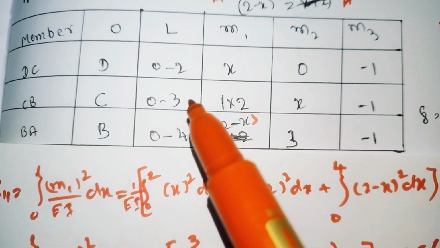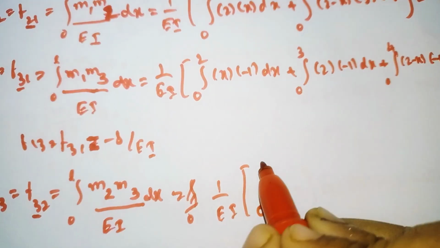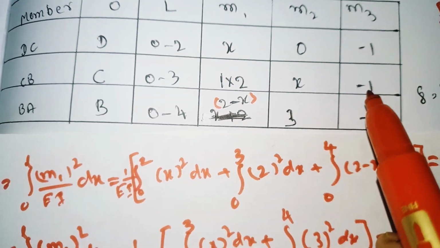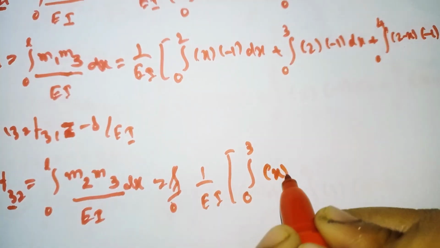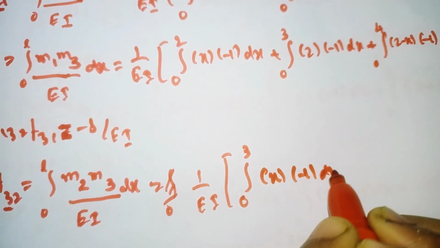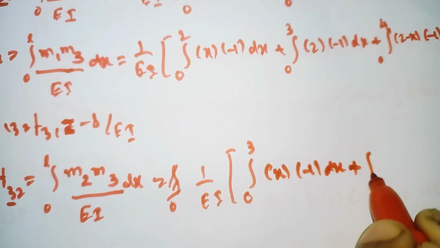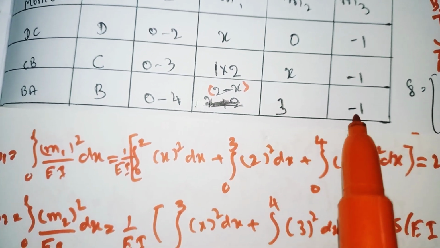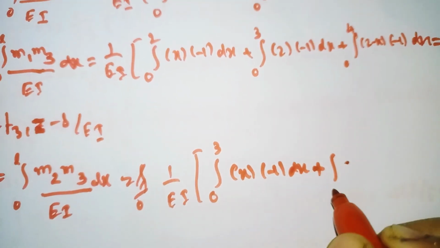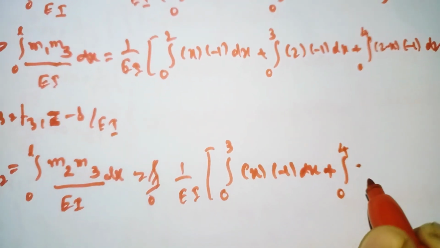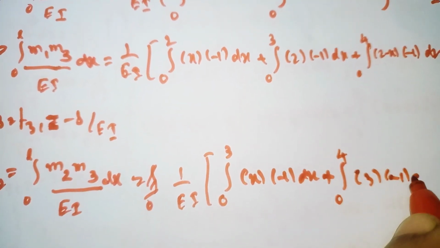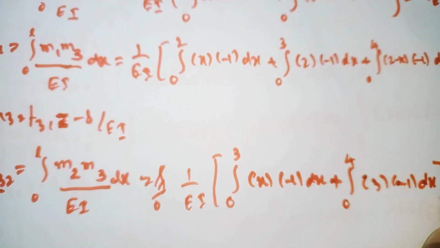For CB we have the limit 0 to 3, where m2 is x and m3 is minus 1, so x into minus 1 dx, plus again integration of limit for BA 0 to 4, where m2 is 3 and m3 is minus 1, dx, close the bracket.